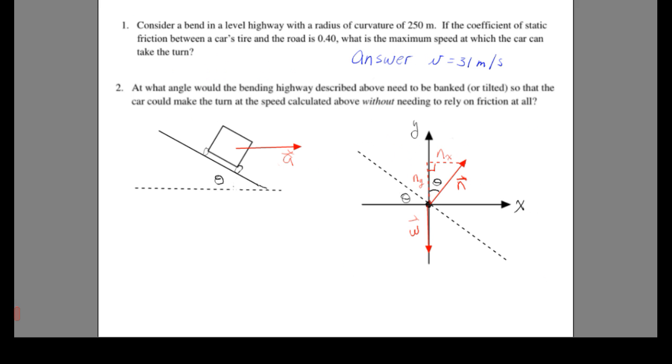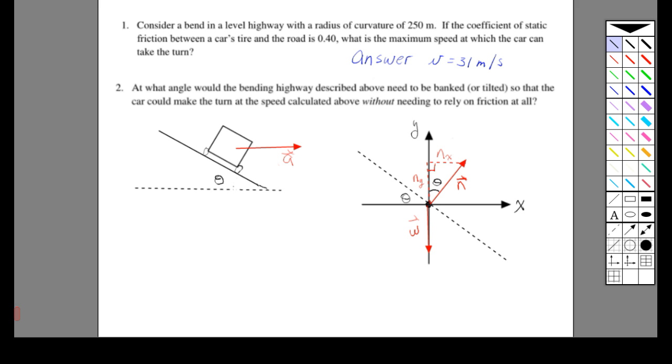So first of all, I have a coordinate system, x and y. That dashed black line there is the ramp. Here is the angle theta. There's only two forces acting, since we're not relying on friction.